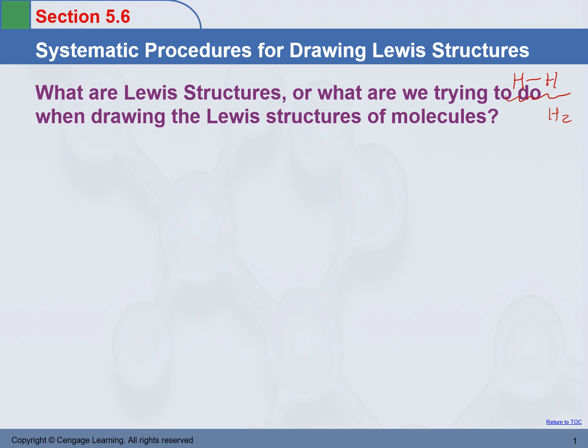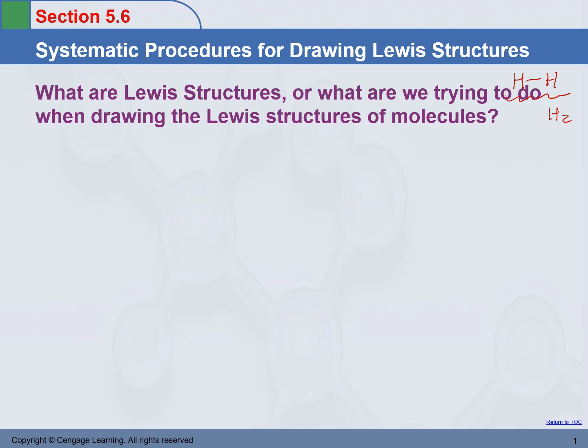Well, overall, Lewis structures reflect the electron distribution within a molecule. When drawing the Lewis structure, we are trying to see where the electrons are inside a molecule. Is it a lone pair on an atom, or is it a single bond, double bond, triple bond between atoms? We're trying to figure those out.